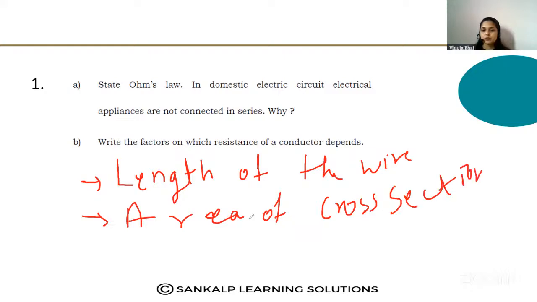So it depends on the length of the wire and the area of the cross section.